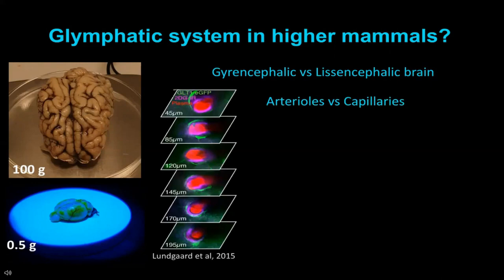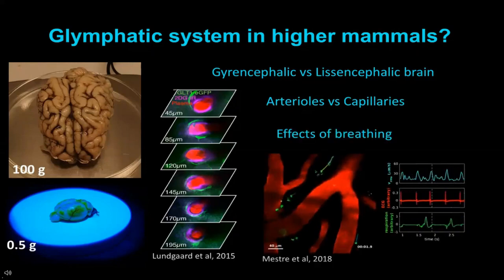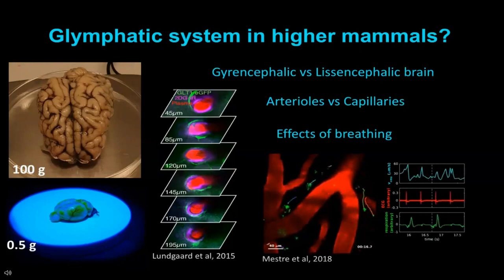Also, the pig brain has larger arterioles, whereas the mouse brain mainly consists of capillaries. And other advantages for using larger mammals such as pigs is that they have a more similar physiology to humans.